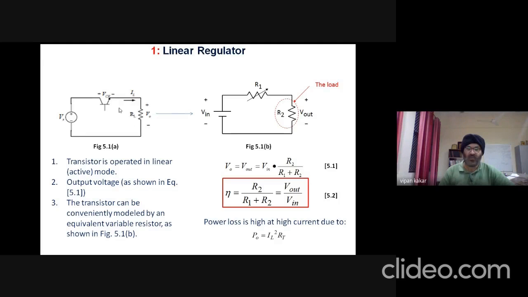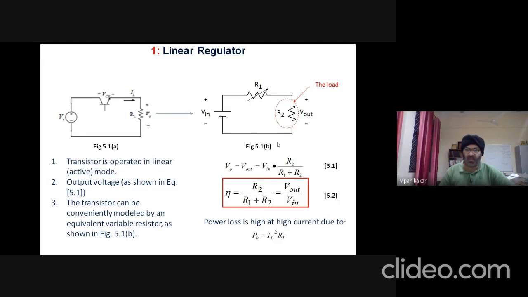You know that we have three modes of operation in a transistor: cutoff mode, saturation mode, and the linear mode, which is also known as active mode. In a linear regulator, this transistor works in linear mode, which is simply a variable resistance. If you model this linear mode of a transistor, it is equivalent to a variable resistance.